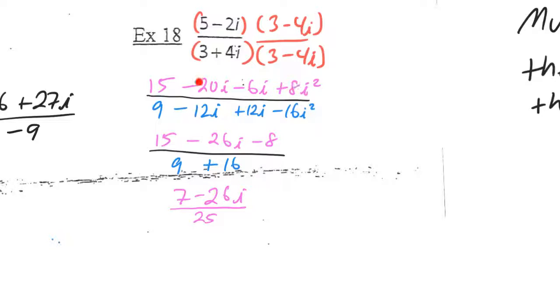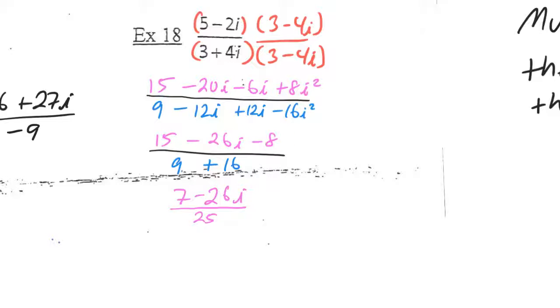The purple is my numerator, the blue is the denominator. The purple: 15 minus 20i minus 6i plus 8i squared. The denominator: 9 minus 12i plus 12i minus 16i squared. In the numerator, the negative 20i and negative 6i become a negative 26i. The 8i squared becomes a negative 8.